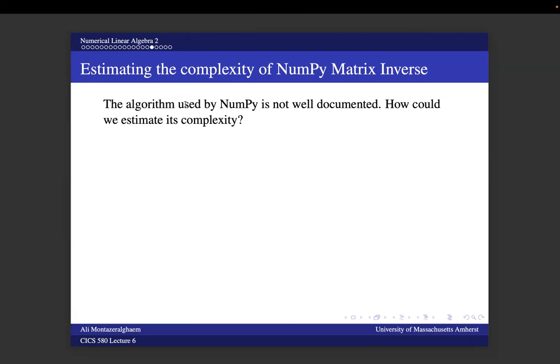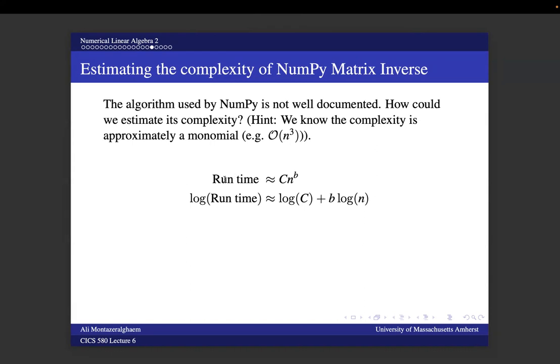So here, the algorithm used by NumPy is not well documented, so we don't know its complexity, but we can estimate it by running some cases on NumPy and finding the runtime. We know that the complexity in the worst case is n cubed, right? So the runtime is almost estimated by c times n to the power of b.